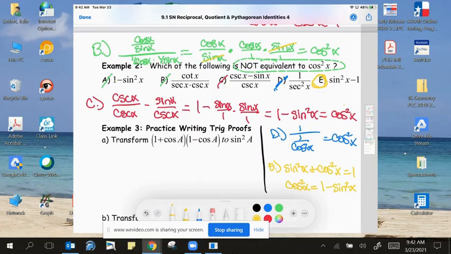So sine squared x minus 1 has the opposite positive and negative signs from what we need. So answer E is actually equivalent to the negative of cosine squared x, not positive cosine squared x. Very similar.